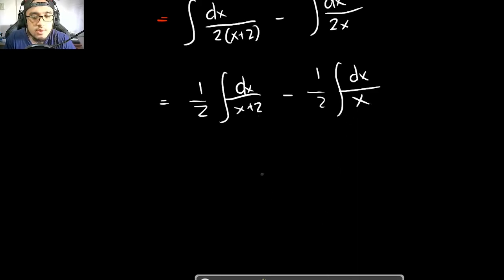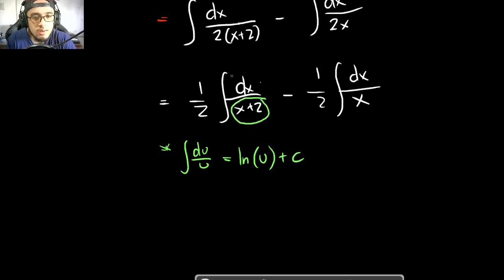We can solve for these using our basic formula: the integral of du over u is equal to the natural logarithm of u plus c. If this is your u, this is your du. If you get the derivative of this term, it would give you exactly this value, and the same for this one.